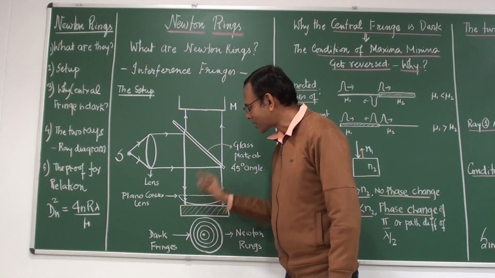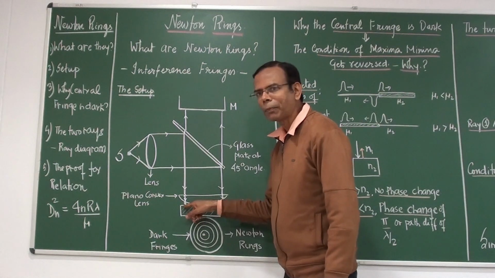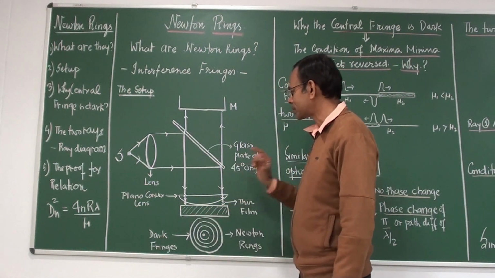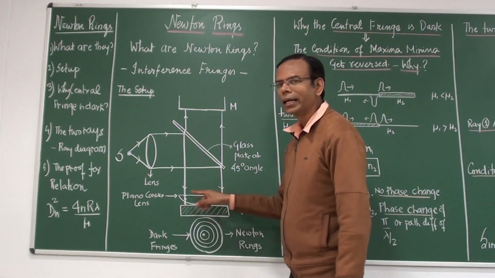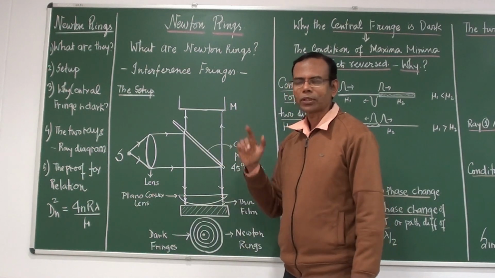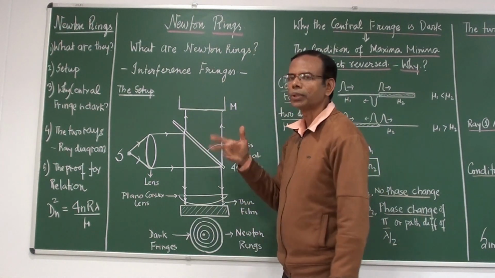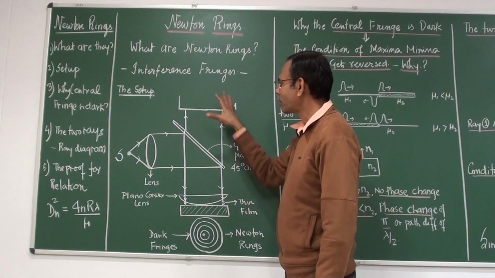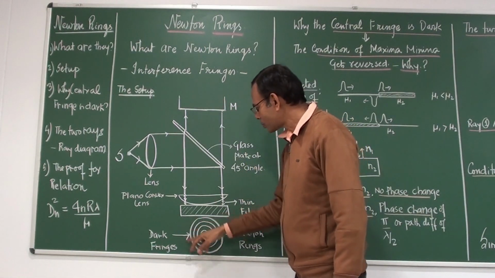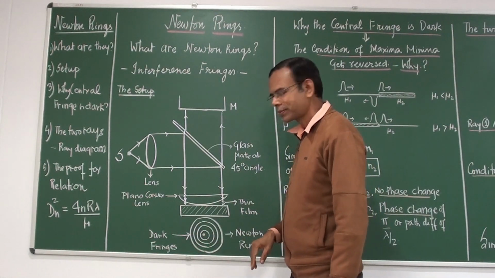A part gets transmitted, and that which is transmitted gets reflected from the upper surface of a glass plate on which this particular lens is resting. Now those two rays interfere together, and you can see it through the naked eye, also using a microscope. Here you see those interference fringes, the dark and bright fringes.